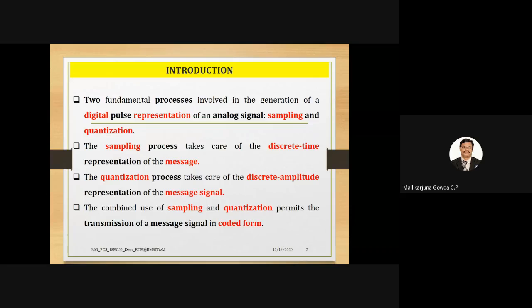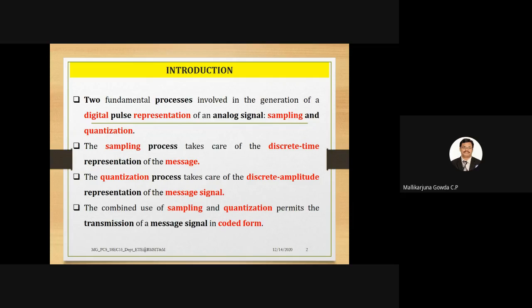I have already discussed the sampling theorem and its applications. The sampling process takes care of the discrete time representation of the message signal. When I sample an analog signal, it discretizes the signal only in time, but its amplitude is still continuous. The quantization process takes care of the discrete amplitude representation of the message signal.